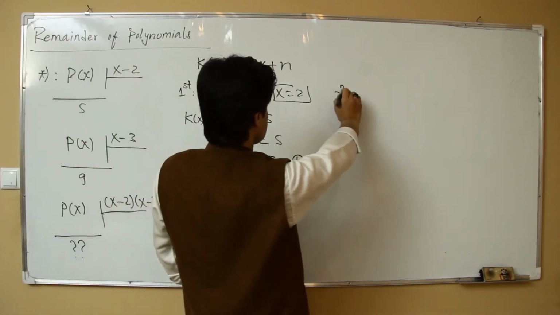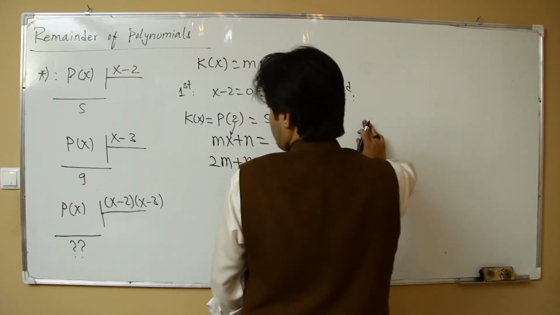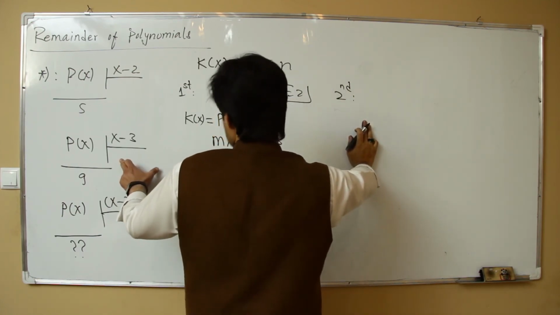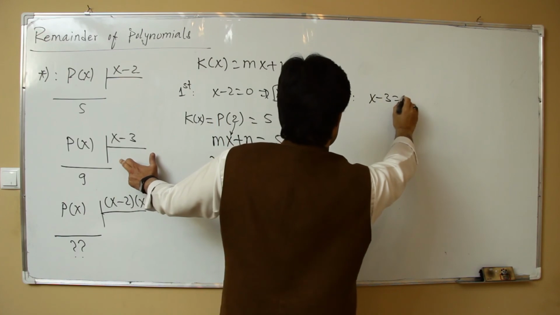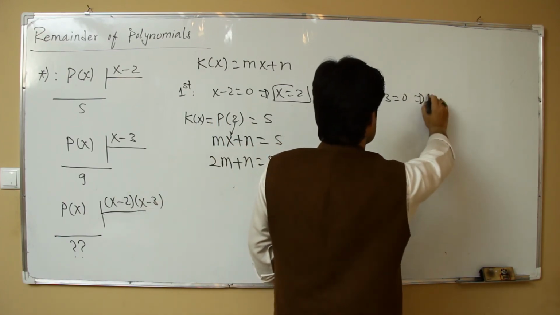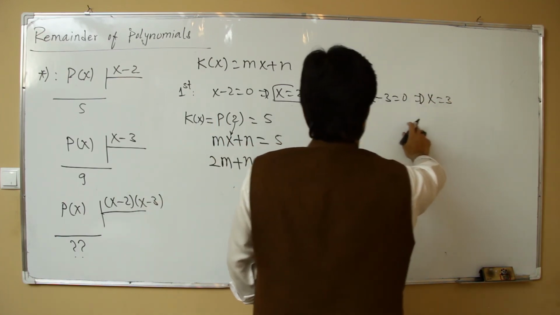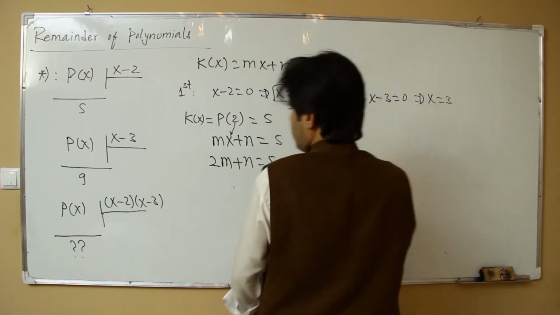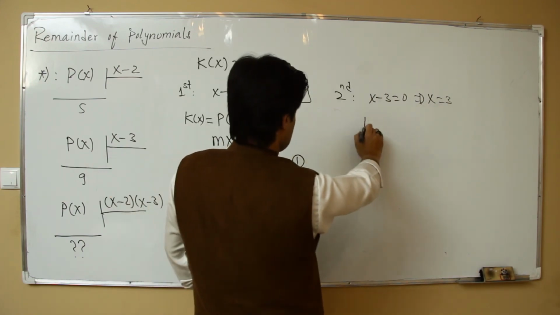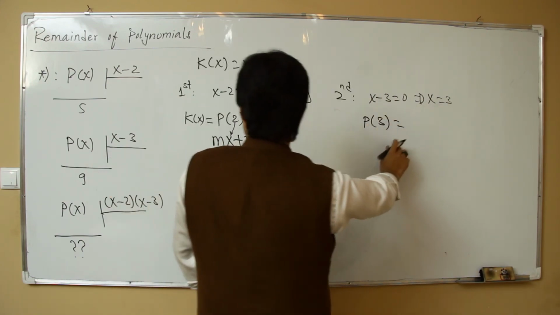Second, how can you find the remainder of this one? x minus 3 equal to 0, then x is equal to 3. Am I right? Then 3 put in here. It's called p(3) equal to what?